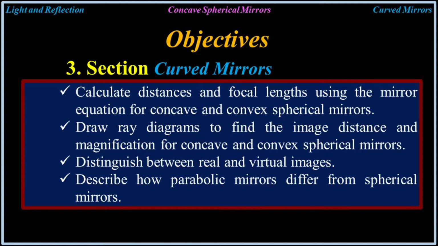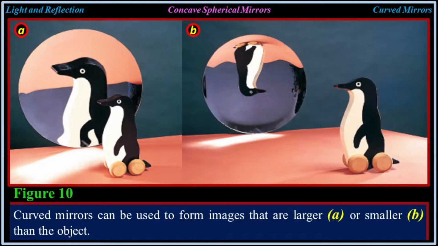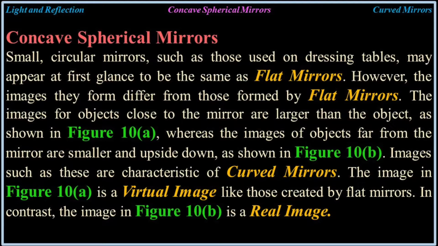Distinguish between real and virtual images. Describe how parabolic mirrors differ from spherical mirrors. Figure 10. Curved mirrors can be used to form images that are larger in A or smaller in B than the object. Concave spherical mirrors.